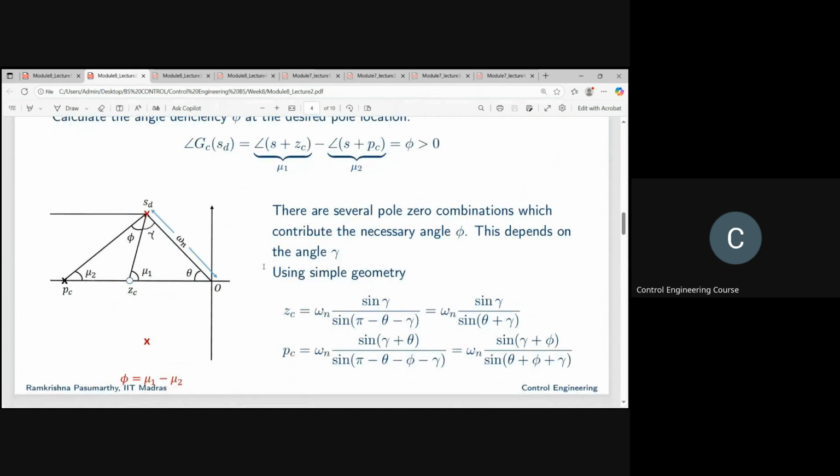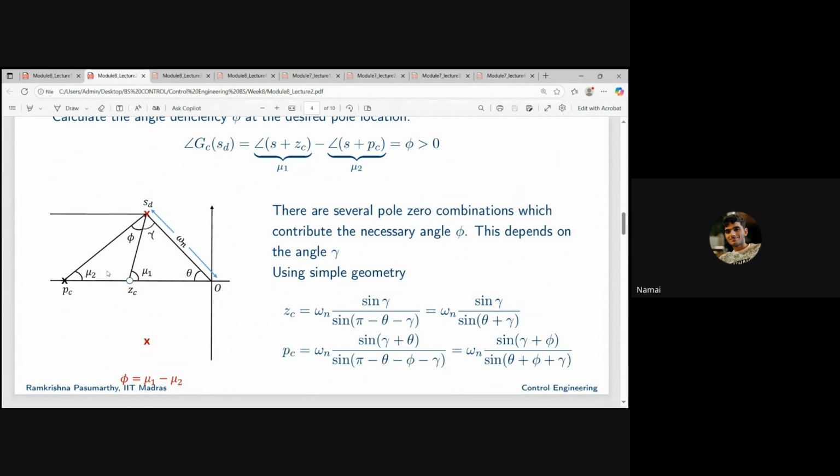Now let's call this angle gamma. Just look at this diagram once. They are just naming the angles. You can see that given ZC, PC, origin, and SD, you can form these two triangles, right? So they are just giving names to all the angles here.